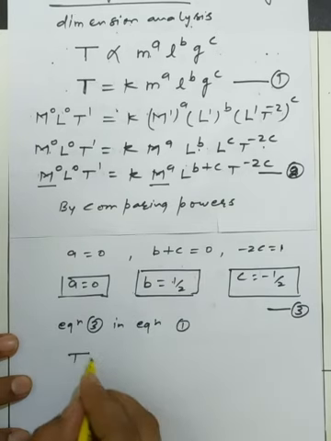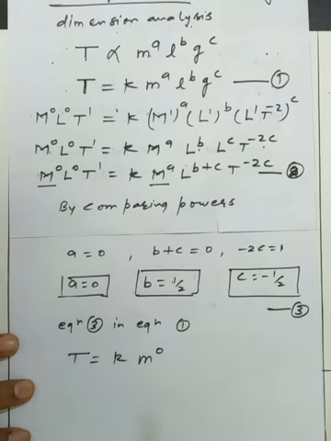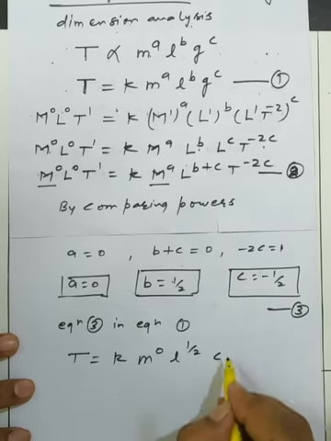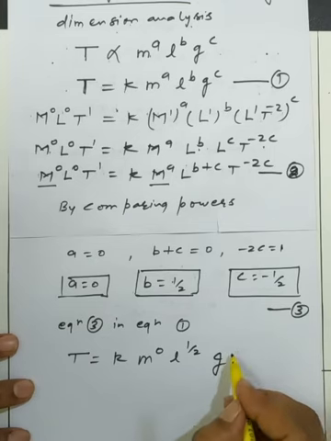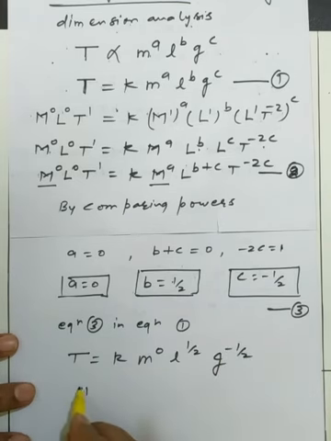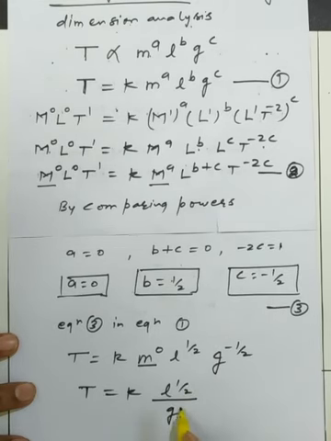So what we are getting, T is equal to k with M raised to 0. Okay, now L having its power b, that is 1 by 2, and g having the power c, that is minus 1 by 2. So we are converting to the finalized formula with the constant k. L and g having the power 1 by 2, and we are taking g down with the plus sign, g to the power 1 by 2.